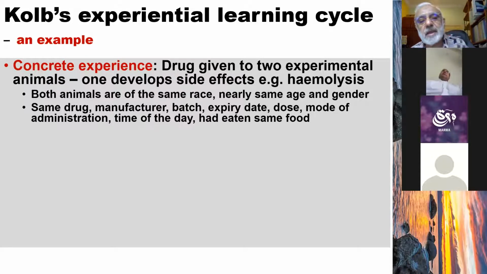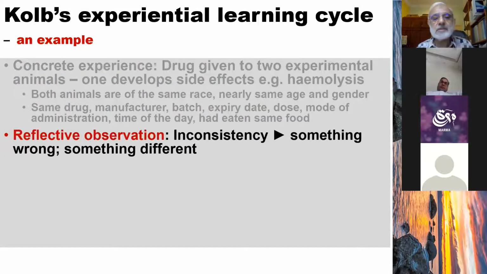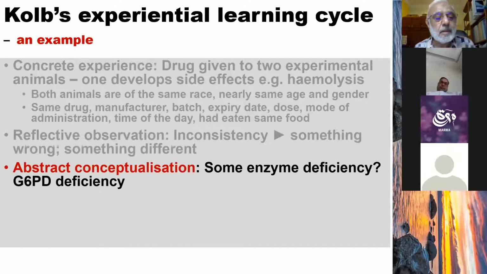The manufacturer is the same, the batch is the same, the expiry date is the same, the dose is the same, the mode of administration and the time of day of giving the medicine are the same, and the animals have eaten the same food. But we see that there is an inconsistency, as one animal has developed a side effect whereas the other has not. So there is something wrong somewhere.